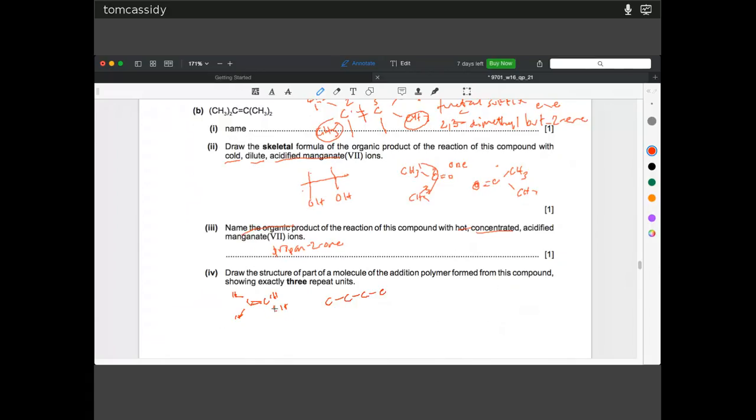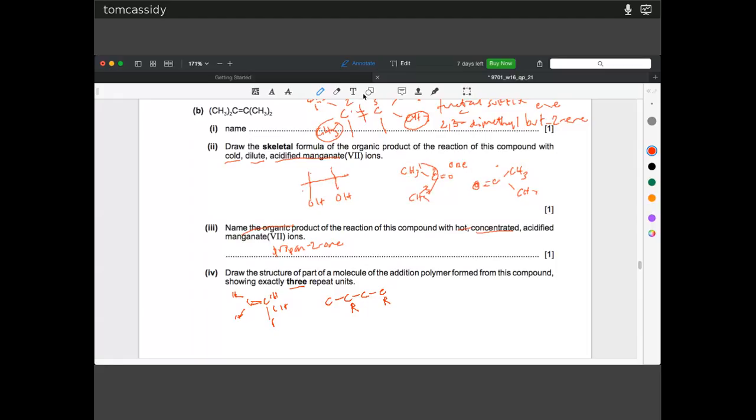And if you have a group there, then you end up with a group there and a group there. But we're asking for 3 repeat units of this up here.